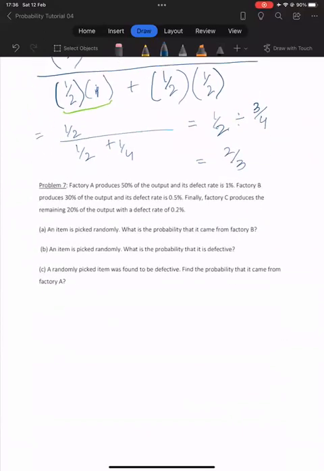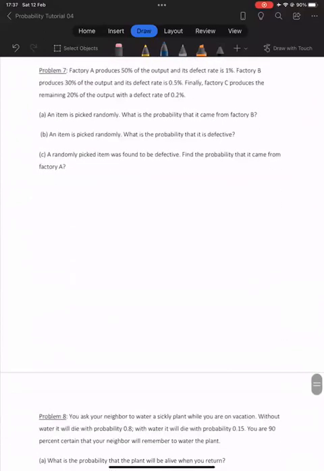ठीक है. And then we have the 7th problem. Factory A produces 50% of the output, so 0.5, and its defect rate is 1%. तो defect करा है given के factory A ने produce करा, it's 0.01.